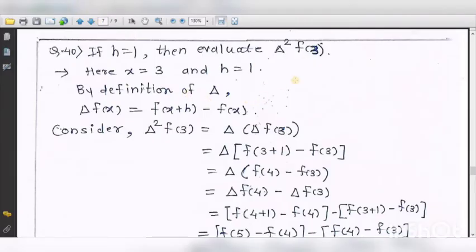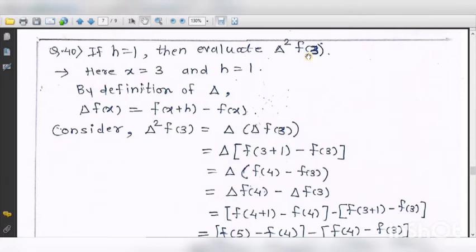Look at this example. This is question 40 from the question bank. The question is, if h equals 1, then evaluate delta square f of 3. Now you are aware of the function f of x.